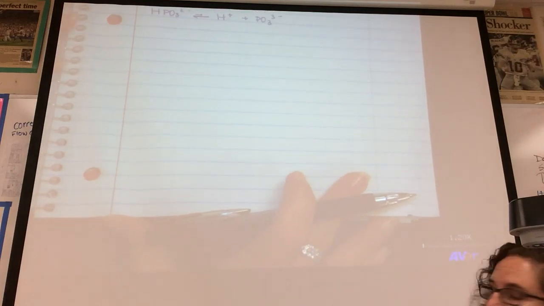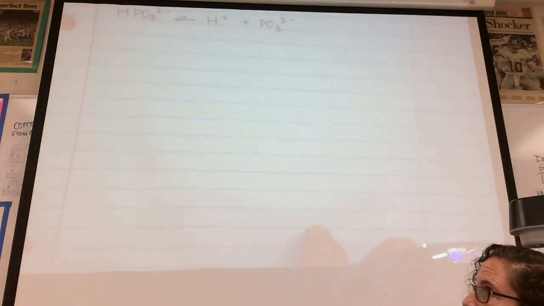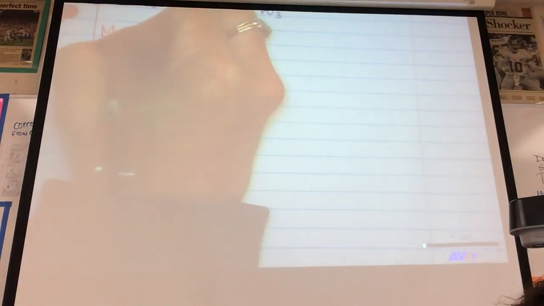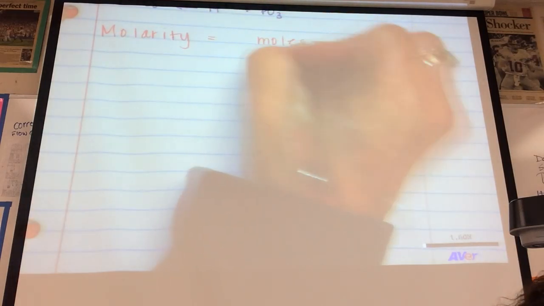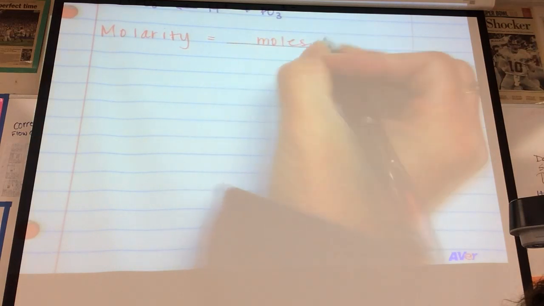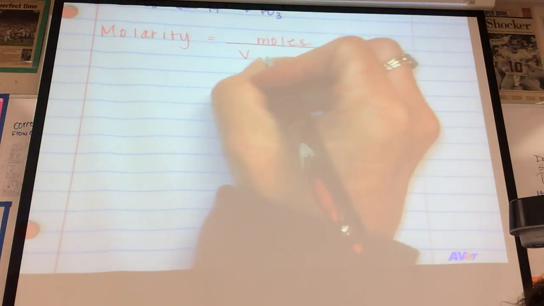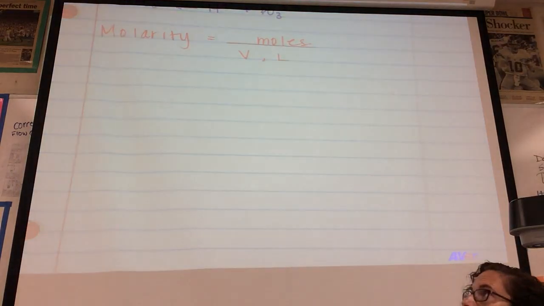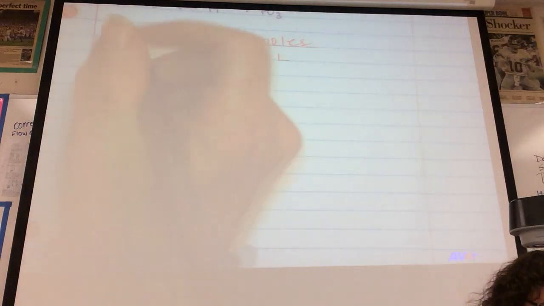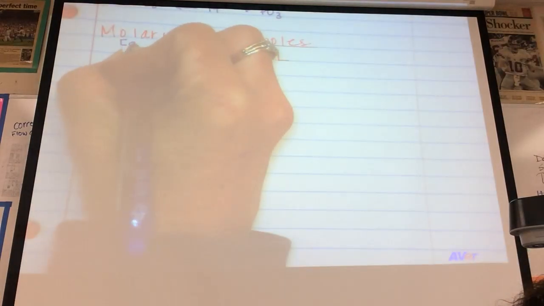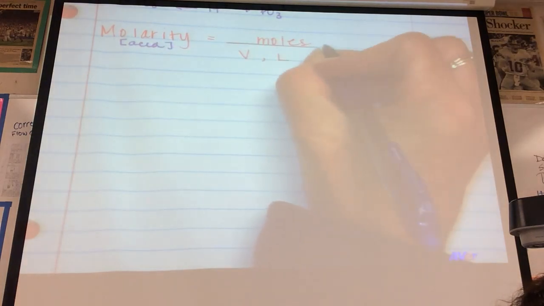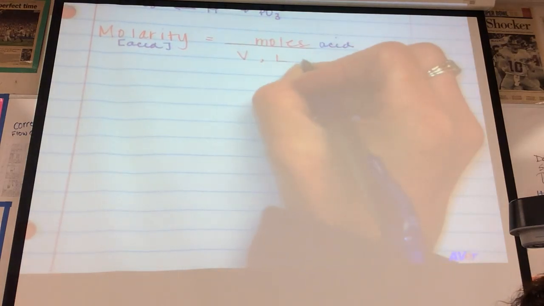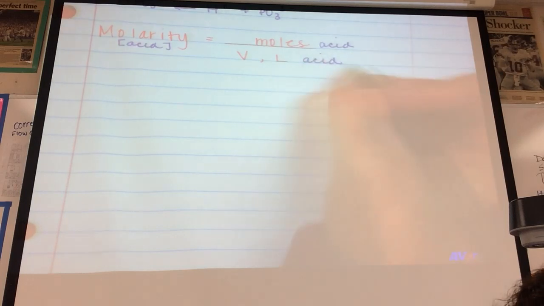And let me remind you, in regard to molarity, for example, that molarity is equal to moles of substance over the volume of solution in liters. So, for example, if you wanted to know the concentration of acid, you'd have the moles of acid over the volume of acid in liters.